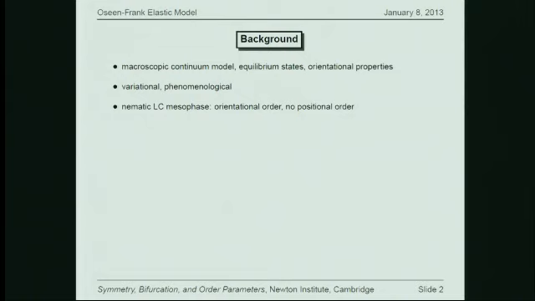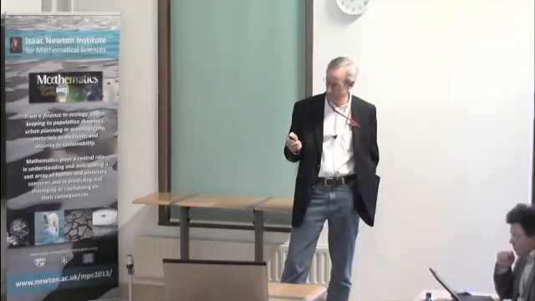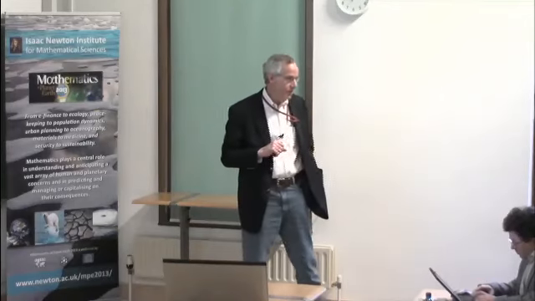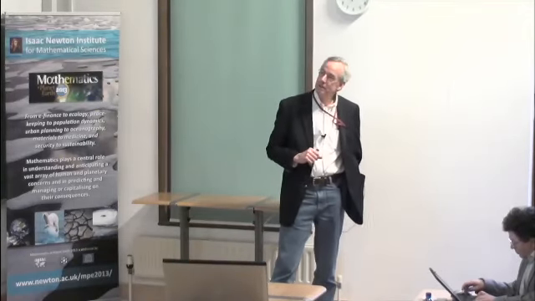It's a model that pertains to the nematic liquid crystal mesophase. So this is the simplest liquid crystal order, as discussed yesterday. So there's orientational order, but no positional order. There are essentially two flavors of the model. One is normally referred to as the nematic version, which just applies to an ordinary nematic, your standard rod-like molecules.